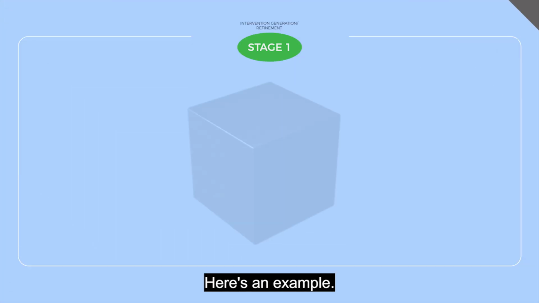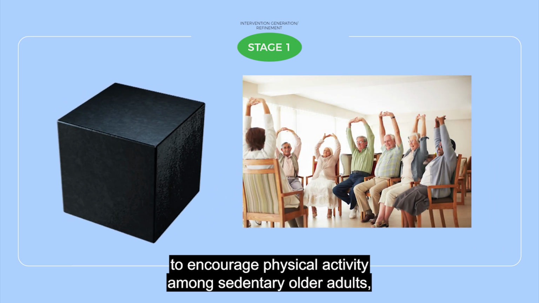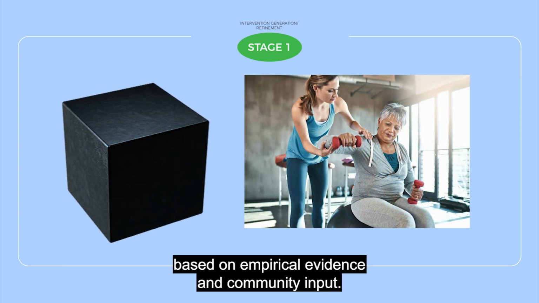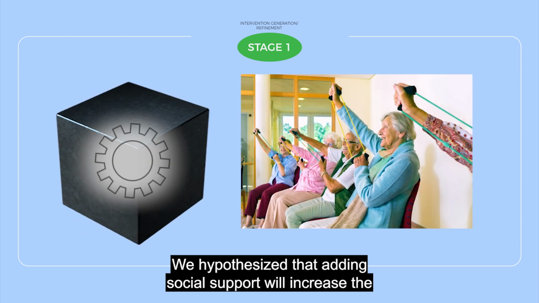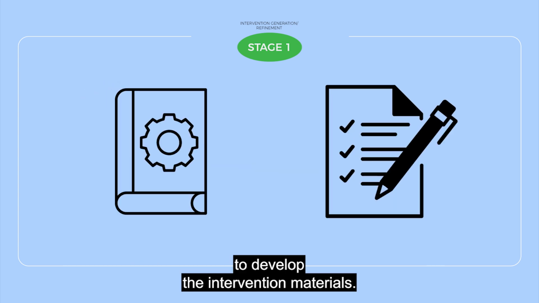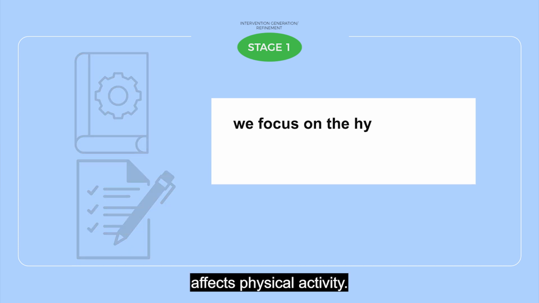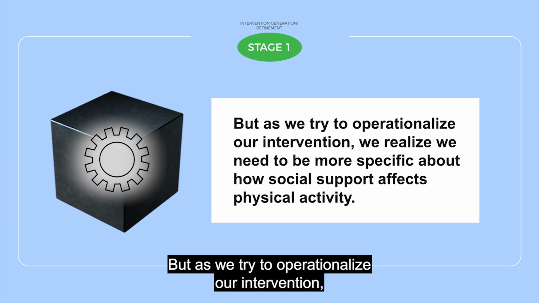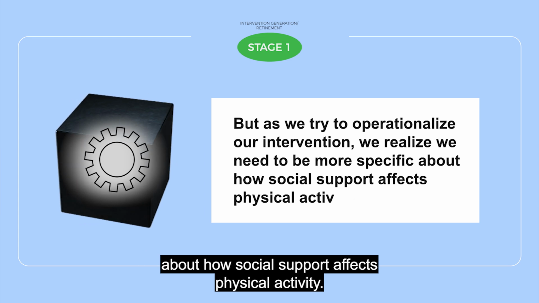Here's an example. Let's say we need to improve an existing intervention to encourage physical activity among sedentary older adults. Based on empirical evidence and community input, we hypothesize that adding social support will increase the efficacy of the intervention. To develop the intervention materials, we focus on the hypothesized essential elements of the intervention and the principle of social support that we think explains how the intervention affects physical activity. But as we try to operationalize our intervention, we realize we need to be more specific about how social support affects physical activity.